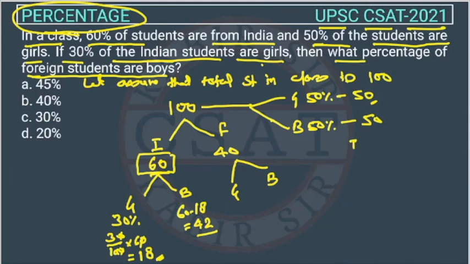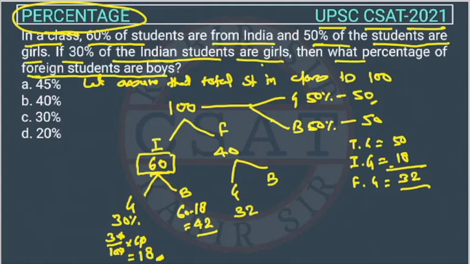So total girls they have given are 50. Indian girls are 18. Then foreign girls will be minus, right? So this will be 32. So foreign girls are 32. If foreign girls are 32, then foreign boys will be how many? 40 minus 32. This will be 8.